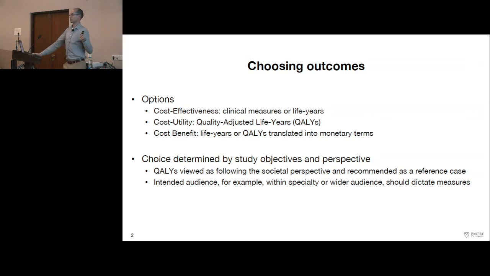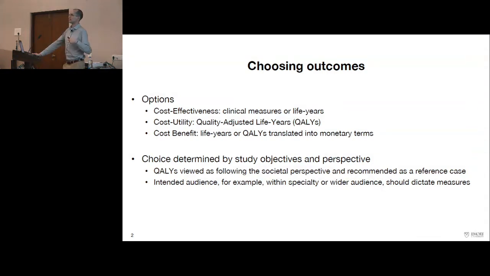When we measure health in so-called quality-adjusted life years, technically speaking, that type of analysis is called cost-utility analysis, but I would still call it cost-effectiveness. Sometimes we can translate the health gains into monetary terms, into rupees, dollars, or whatever currency is appropriate for the analysis.